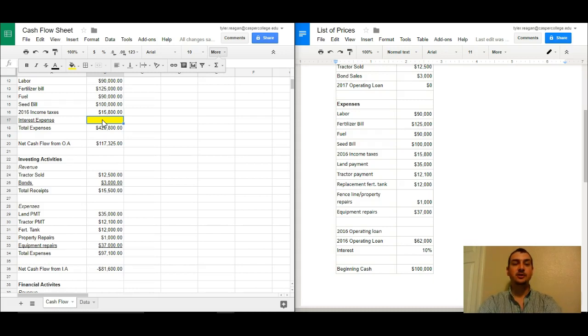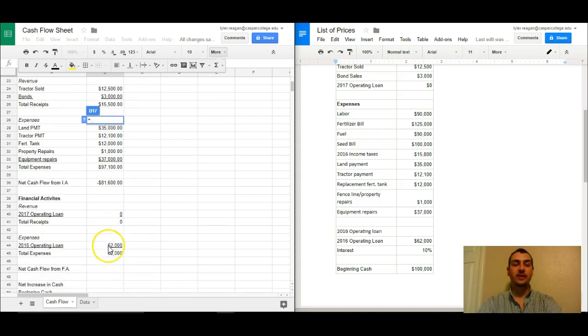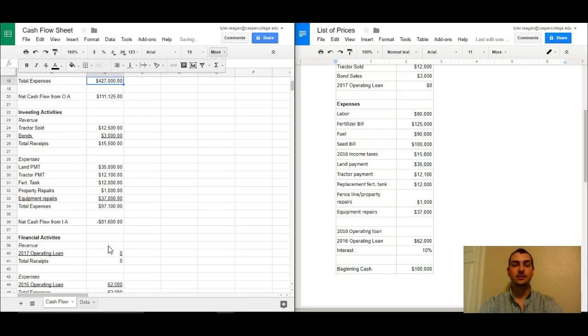And since we can say that, we can say equals the value of that loan, make sure you cell reference that, times the rate, the interest rate. So in this case, it was 10%. It might be, say, 5% on your assignment, or it might be 7% on your assignment. But in this case, we're just using 10% as an example.